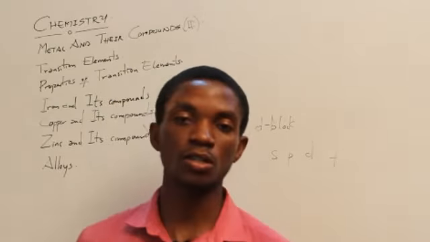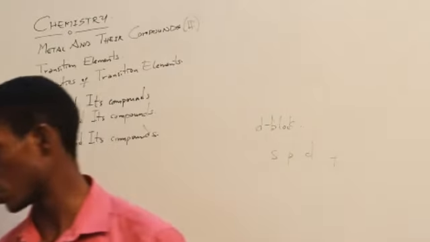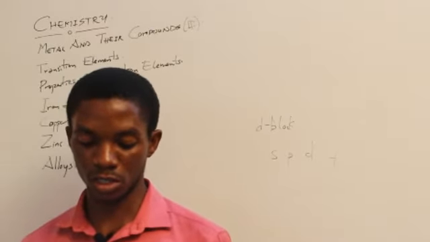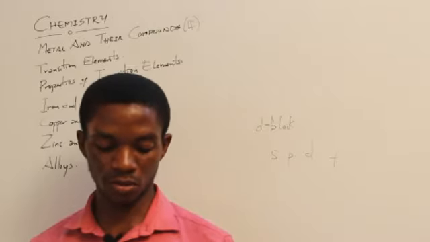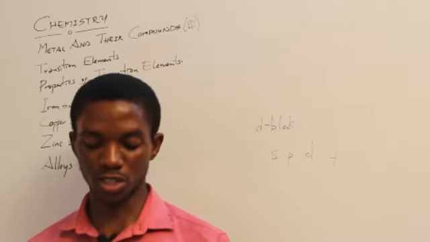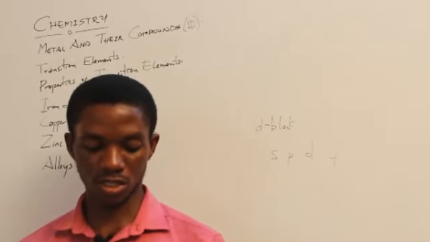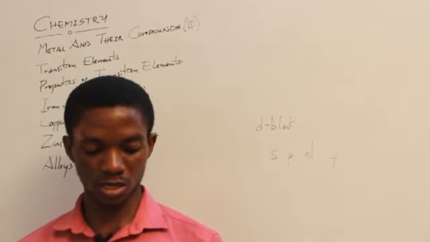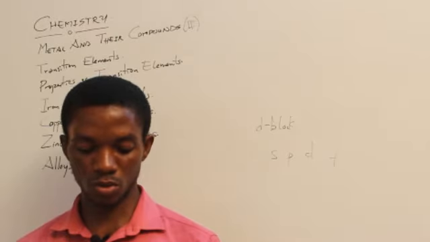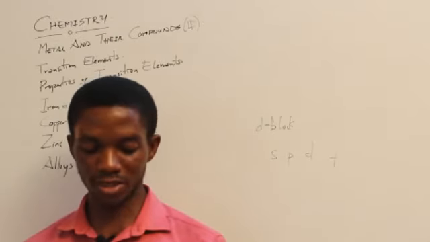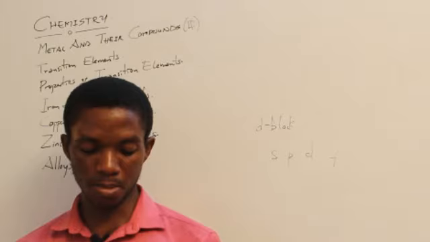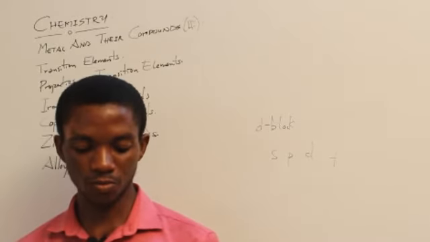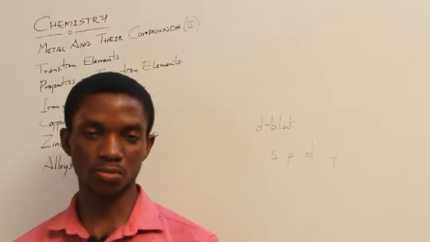We'll see on the screen about now the arrangement of the shells of the first 10 of the transition metals. You see scandium having 1 in the D block, titanium having 2 in the D block, vanadium having 3 in the D block, manganese and chromium having 5 instead of 4, and it takes 1 to the S block.